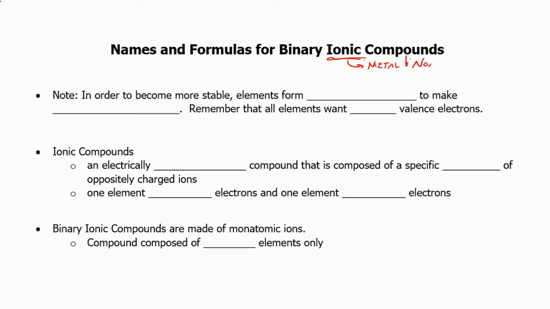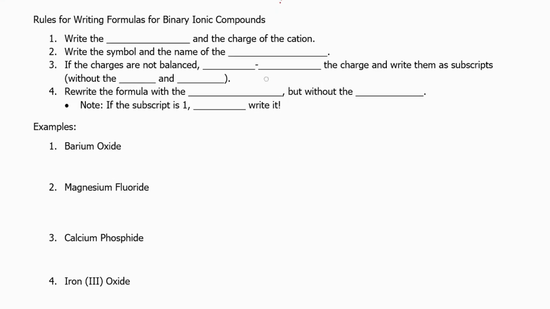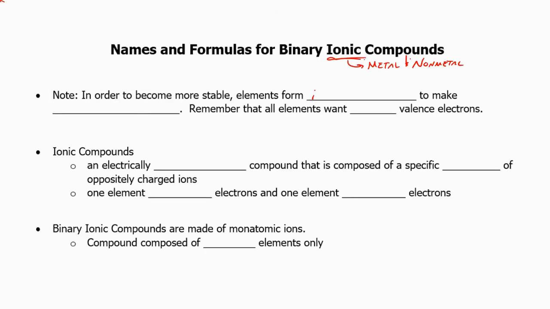Metal and non-metal. Now, a couple of quick reminders about this. First, in order to become the most stable, elements form bonds, and this is what creates our compounds.